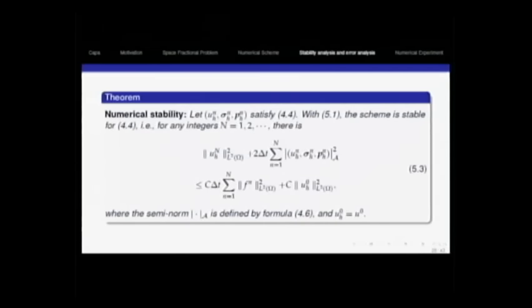We can prove that. Without introducing such variables, it's very difficult to get stability. Then we can get the error. In the same way, we get the error estimate here. So this is delta t square, and then it depends on k, where k is the polynomial degree in each element, 2k plus 1. So this is our error estimate.